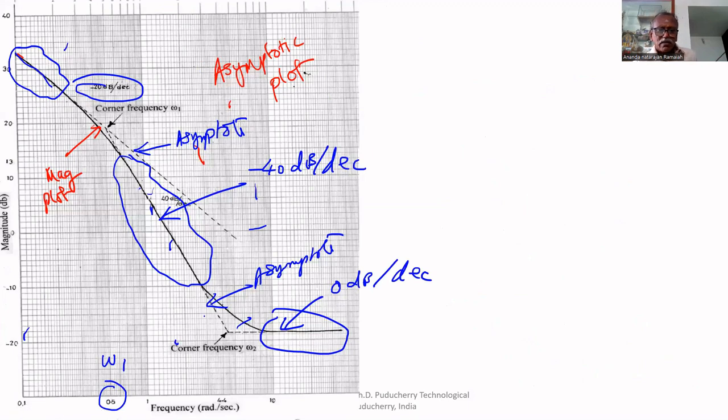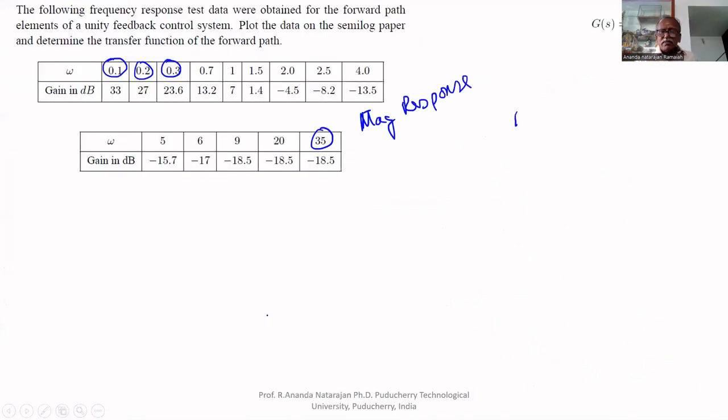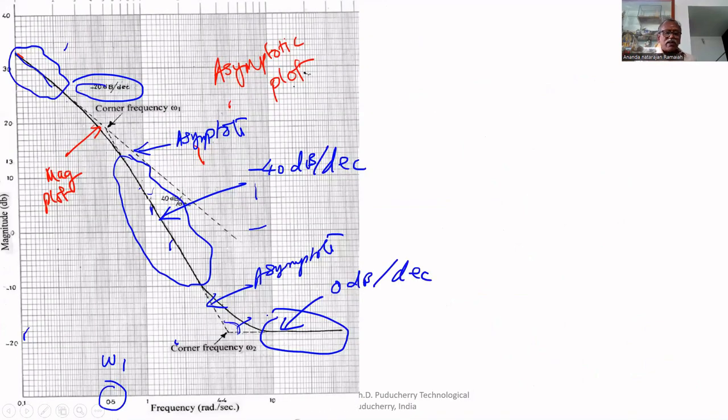Here the change is 40 dB. That's why there is a possibility of a second order factor or repeated poles. We have to find whether it is a second order factor or repeated poles. How to find that, we'll see.